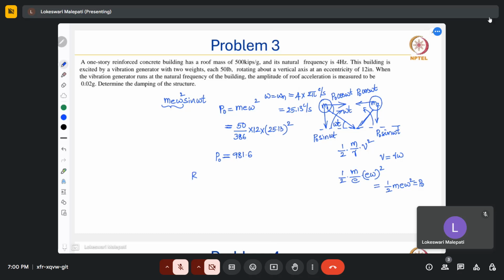It is m e omega square Ra divided by m. Let me get that equation.